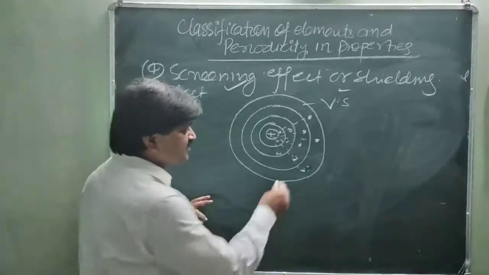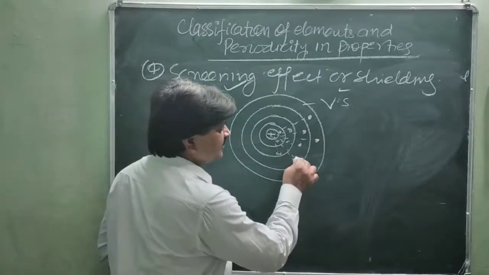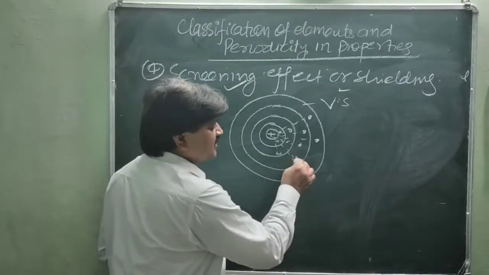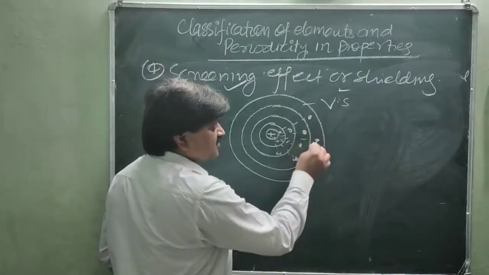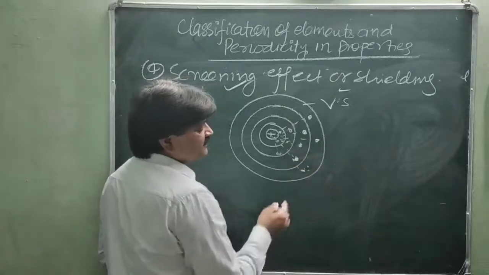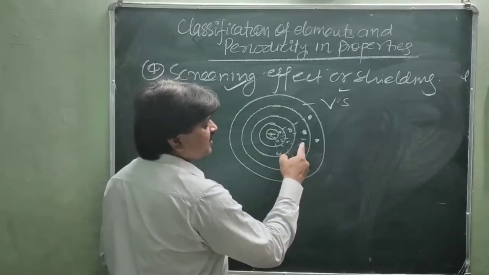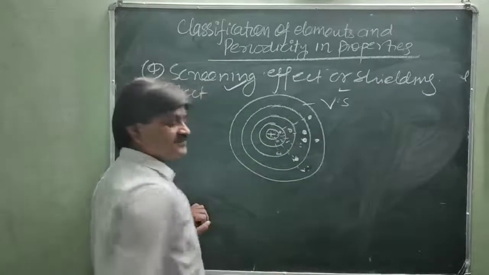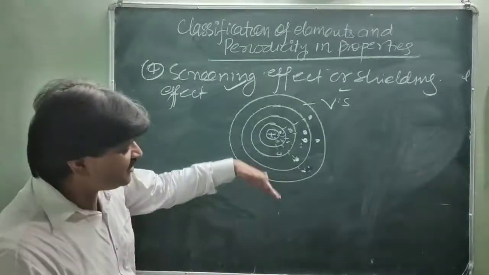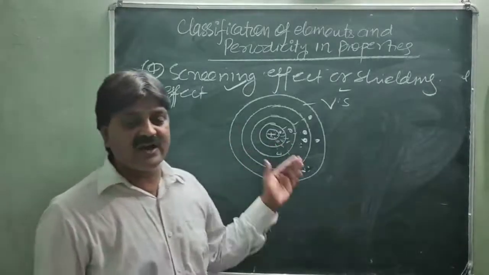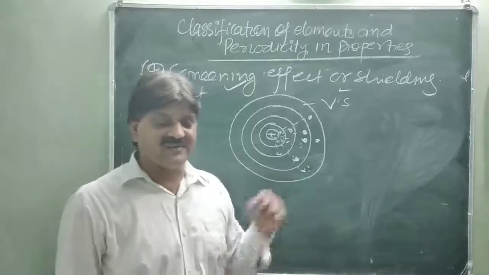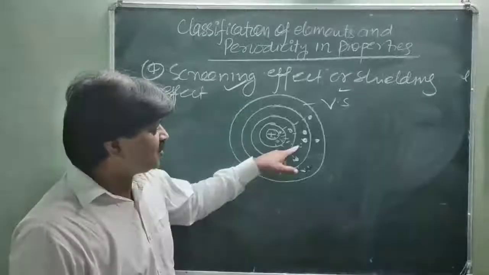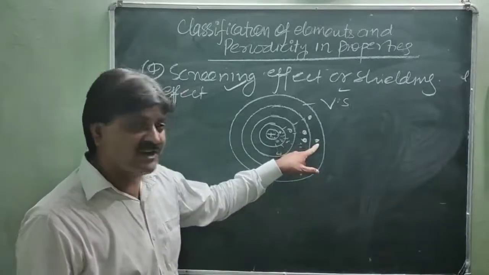Whenever an inner shell electron, by rotating, comes in front of the outermost shell's electron, that is the existence of an inner shell electron in front of the outer shell electron. Is it clear?